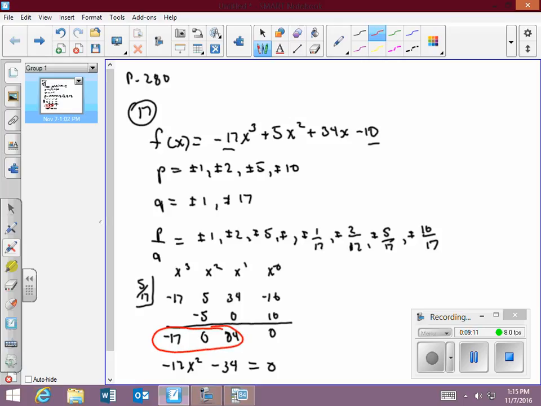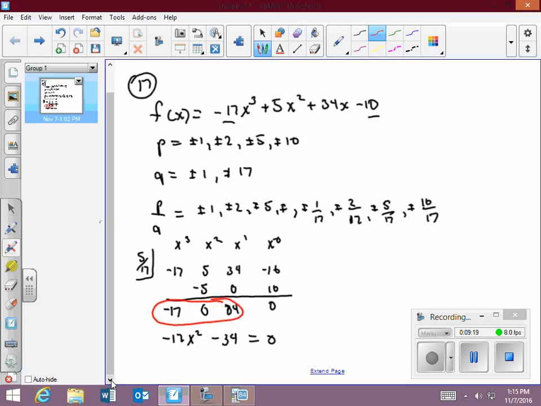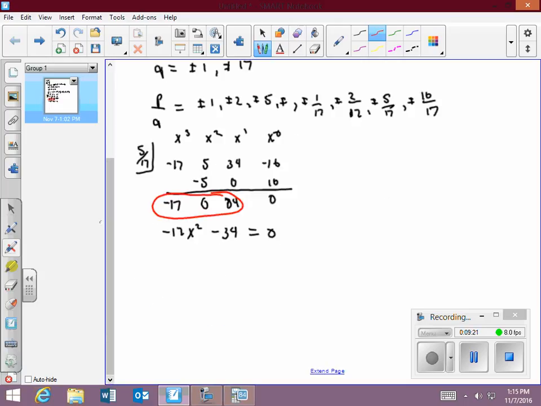Do you understand that? Now I'm going to solve this thing. So I'm going to get minus 34 here, and I'm going to go over here and do a positive 17x squared. You see I added 17x squared to both sides, right?